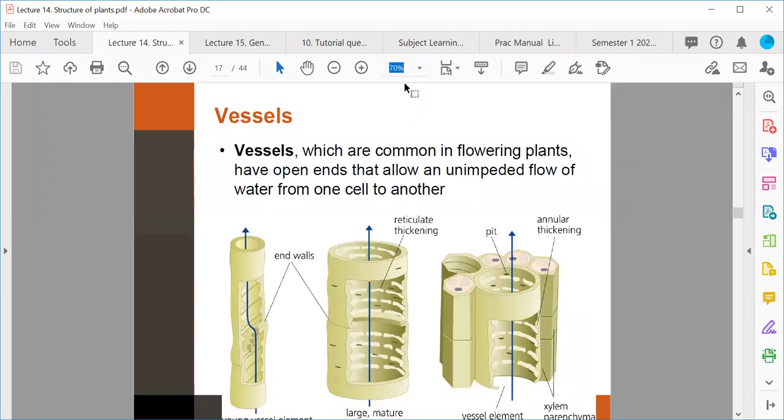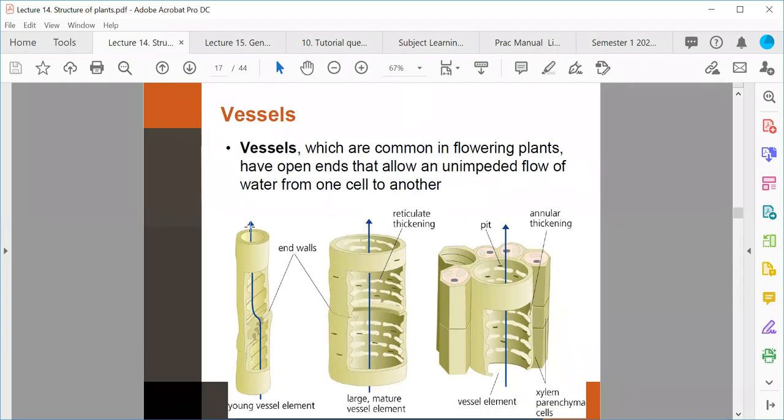Okay, there we go. To the left, we have one complete vessel element here, and then this lower part is a portion of another vessel element.